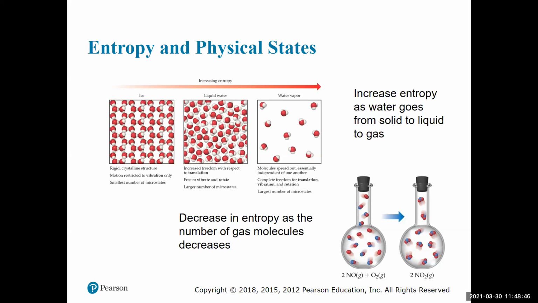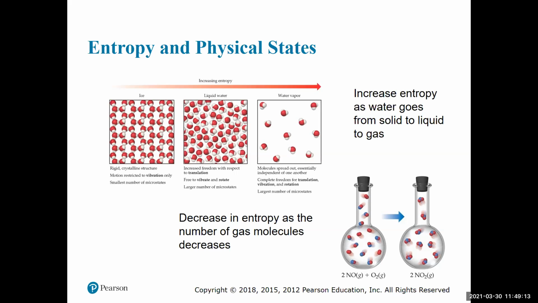Then at the bottom, we have an example of where we have 2 moles of NO plus 1 mole of O2. So that's 3 moles of gas. Well, those react to form 2 moles of NO2. So here on the left-hand side, we had 3 moles of gas. Now on the right side, we have 2 moles of gas.